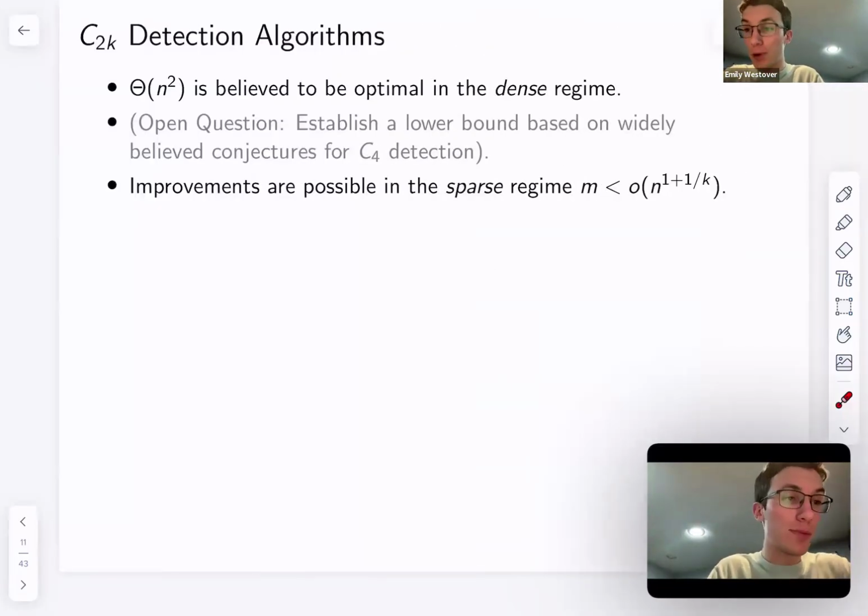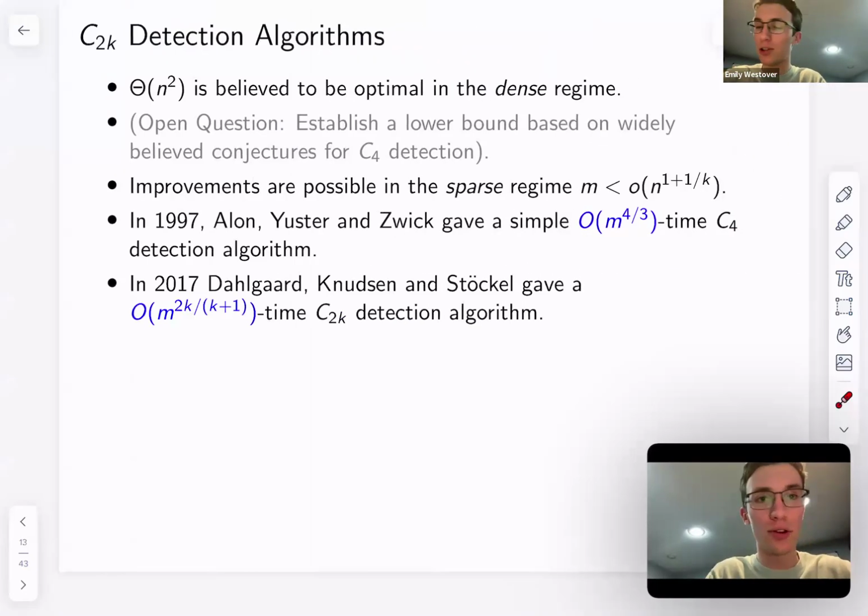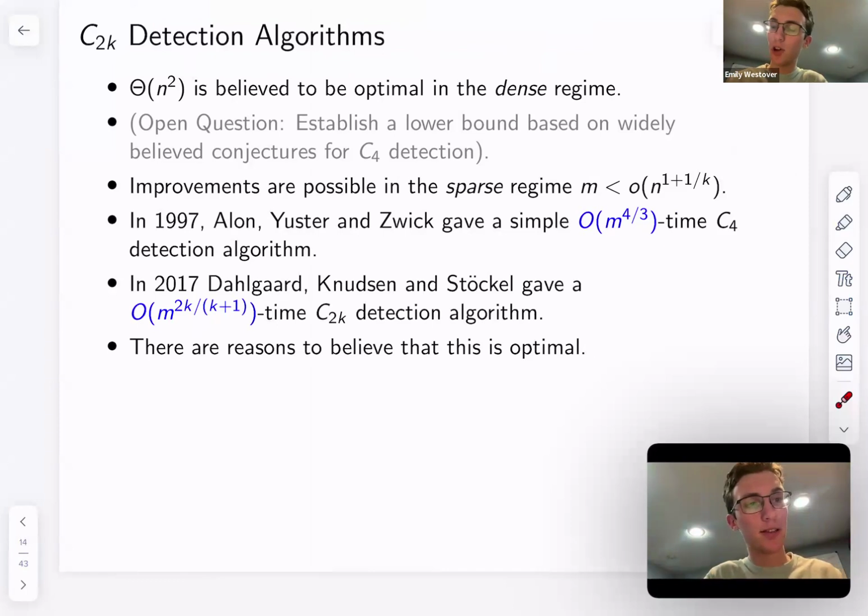But if we're in the sparse regime, we can do better. For instance, for 4 cycles there's a very simple algorithm that does m^(4/3), and more recently, Dalirrooyfard, Vuong, and Vassilevska Williams gave an algorithm with this running time. There are some reasons to think that this is optimal.